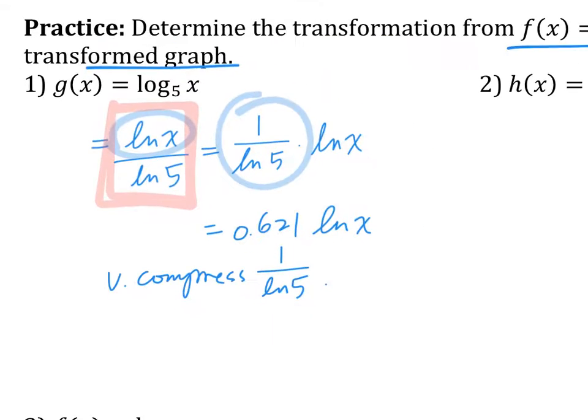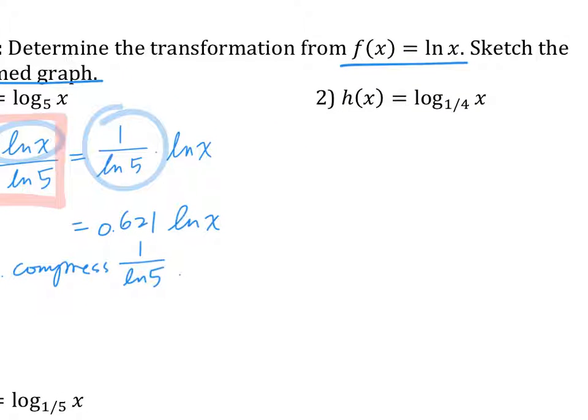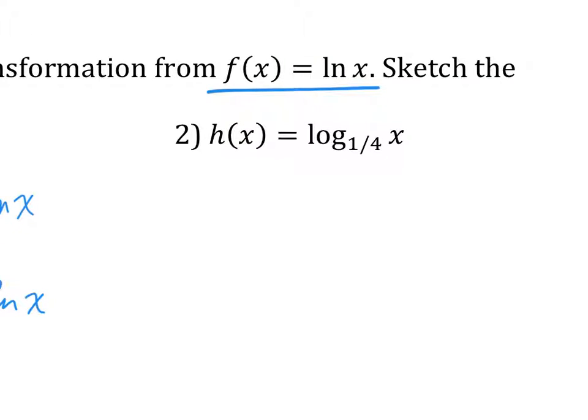Okay, let's have you try one. Number 2. Remember, you're trying to figure out the transformation from natural log x. Okay, let's start with Sherry. How do we change this to just natural logs? Natural log x over natural log 1 over 4. Okay, all right.